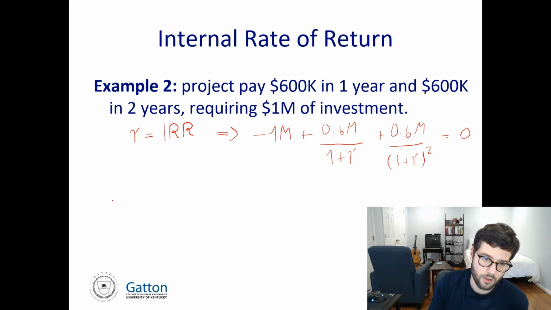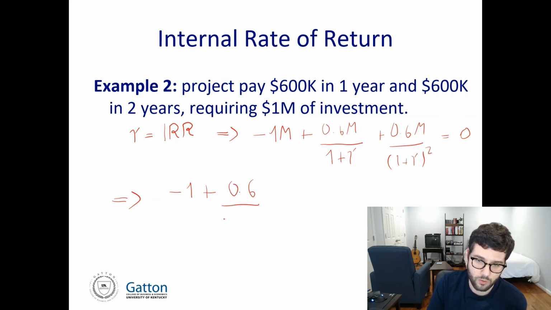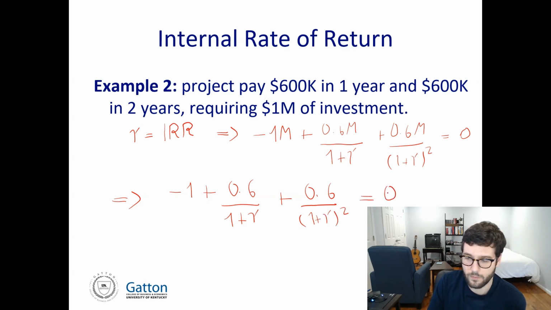Okay, so this implies that minus 1 plus 0.6 over 1 plus R plus 0.6 over 1 plus R square is equal to 0.